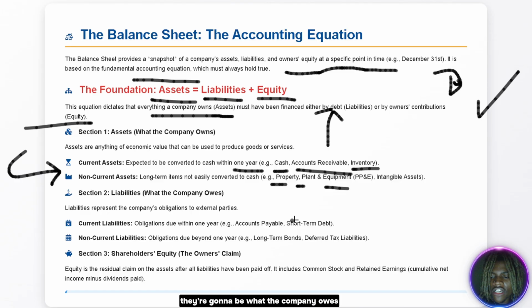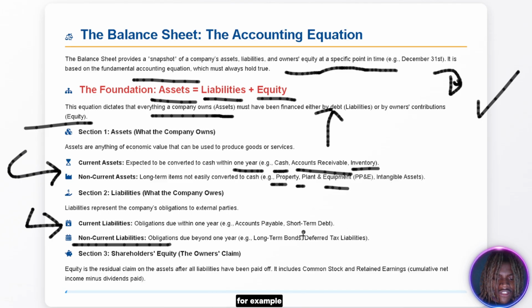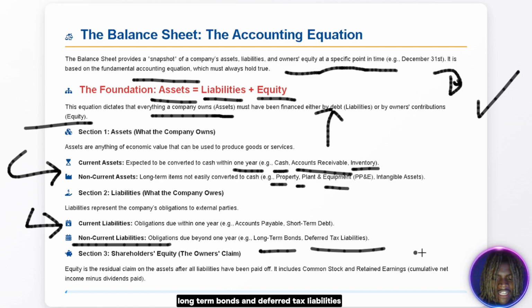And liabilities are what the company owes. Liabilities represent the company's obligations to external parties. Current liabilities are obligations due within 1 year, for example, accounts payable and short-term debt. And non-current liabilities are obligations due beyond 1 year, for example, long-term bonds and deferred tax liabilities.